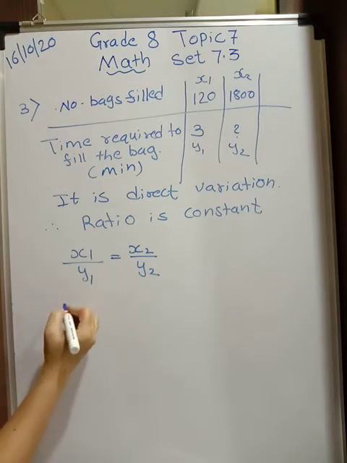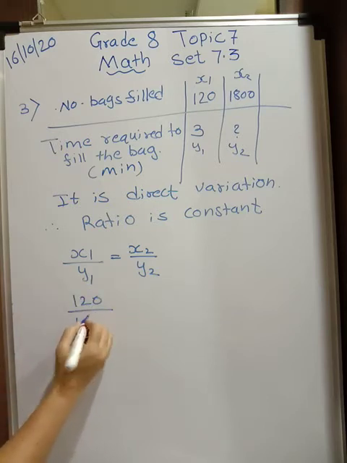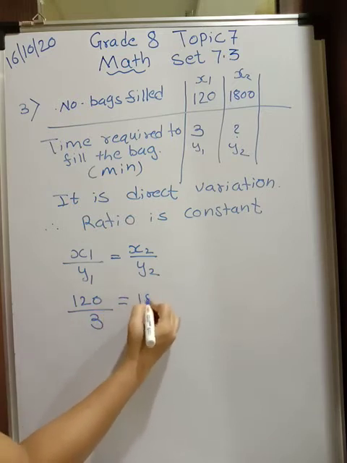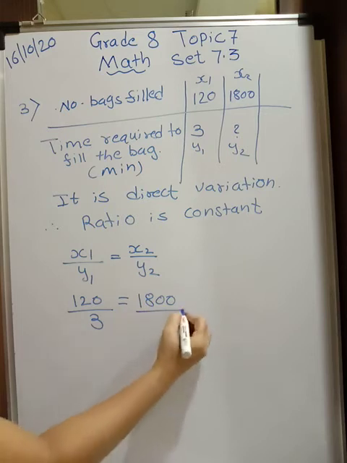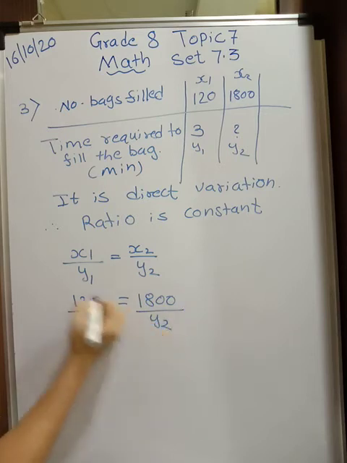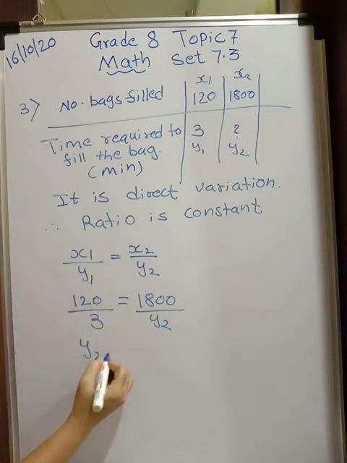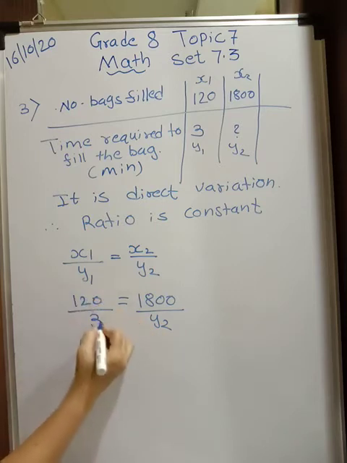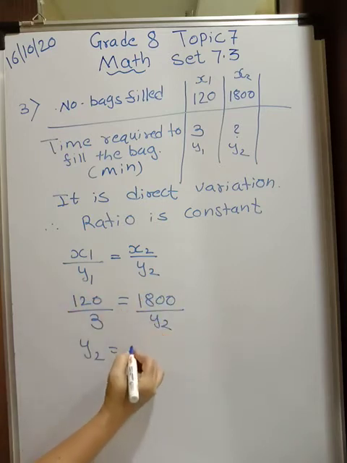Alright, substitute. You have 120 upon y1, which is 3, will be equal to 1800 upon y2. We want to find y2. So y2 will be equal to, this will go to the numerator, this will come into the denominator.